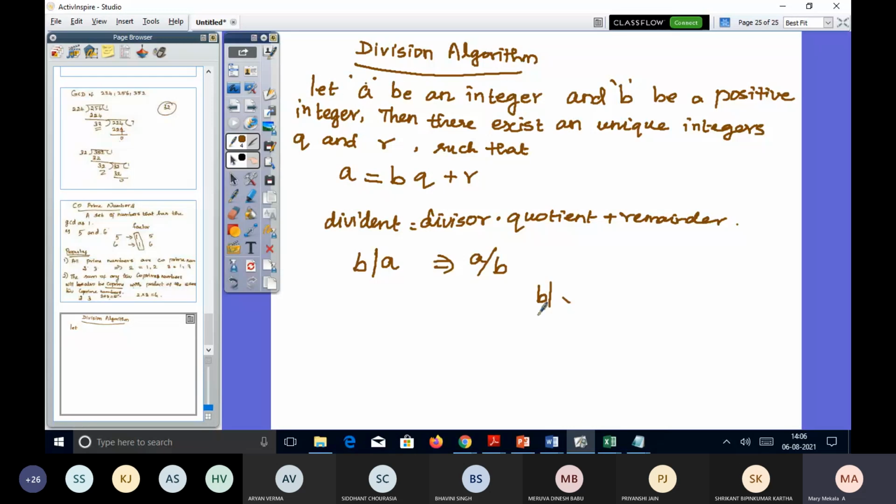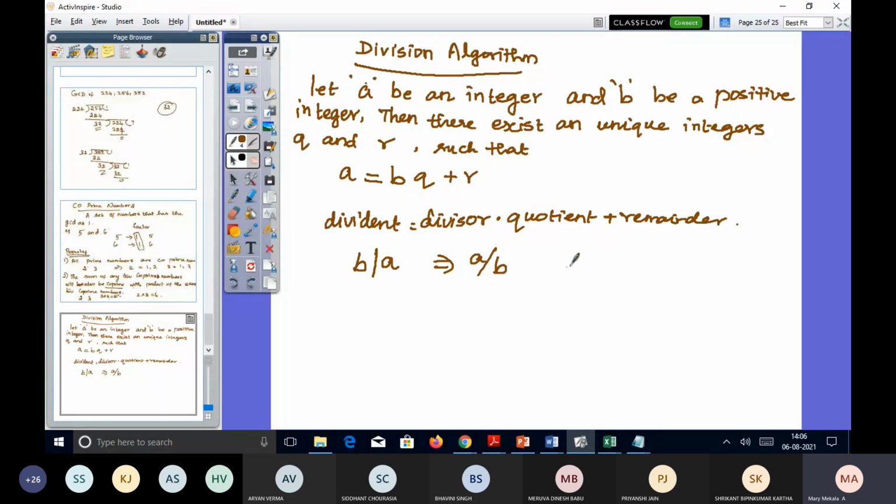You will be seeing these notations here and there. Mathematically we write a divided by b, so in the algorithm, b divides a means a divided by b. Remember this, hereafter we will see this notation.